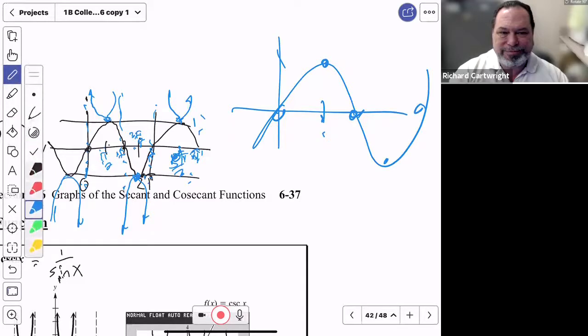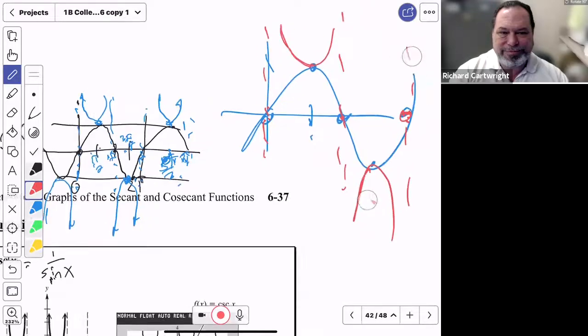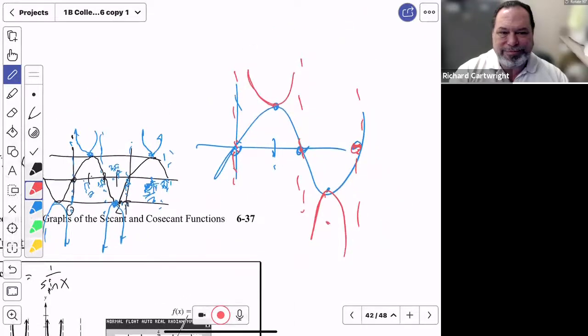You just need to change all these dots that are intercepts to asymptotes. That's all. And then this dot's where the U's go. See that? It's not that bad.